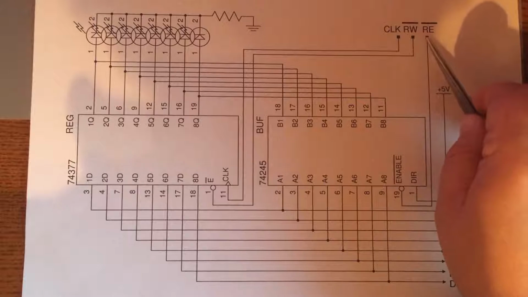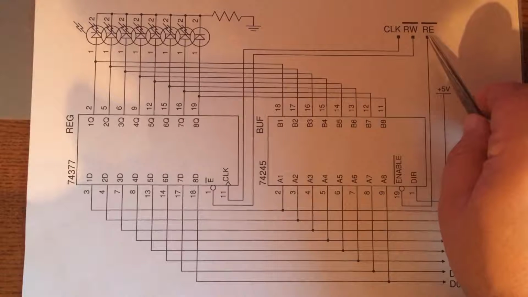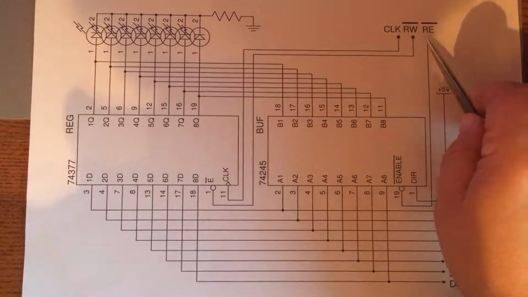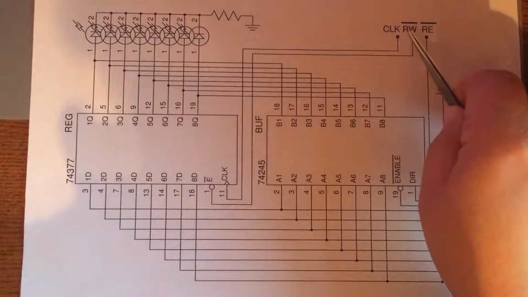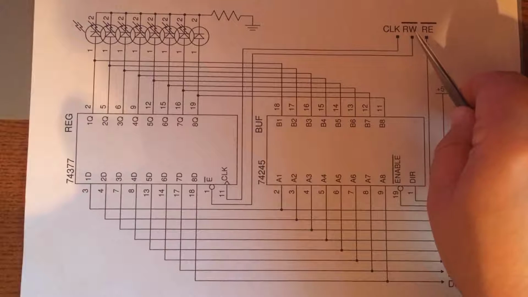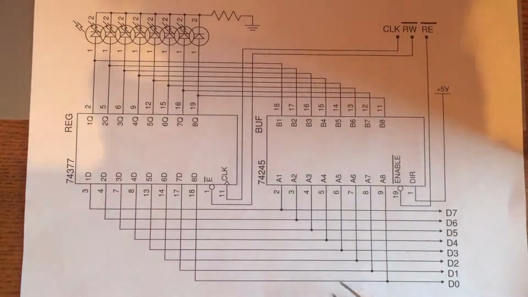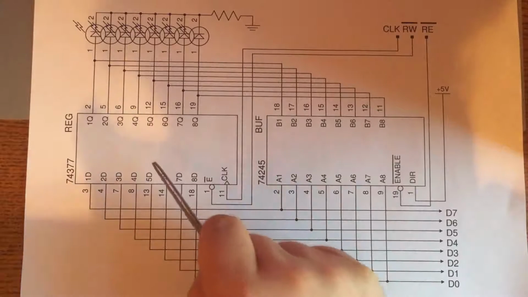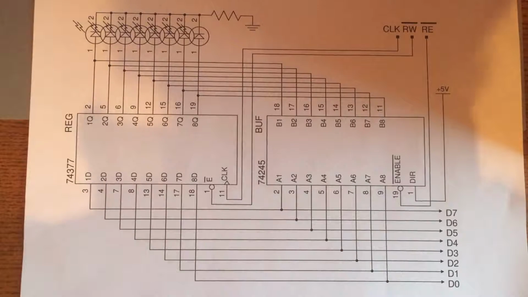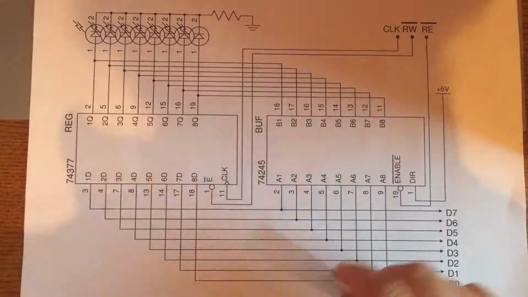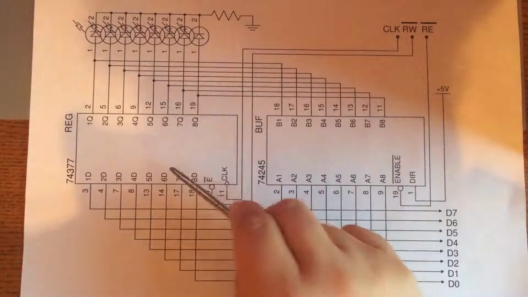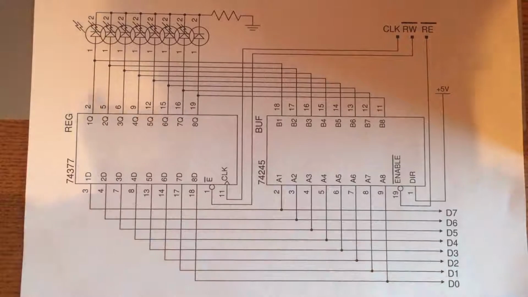So that could be the B enable, or register C enable, or register D enable, and this would be register B write, or A write, or C write, or D write, or whatever. It's really quite simple. We have one chip which we use to store the values coming in from the bus and to keep them, and another one to output whatever value is being kept back onto the bus.